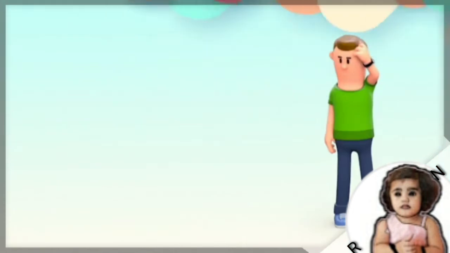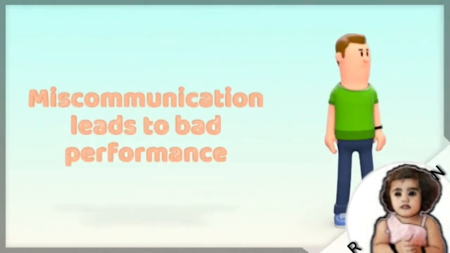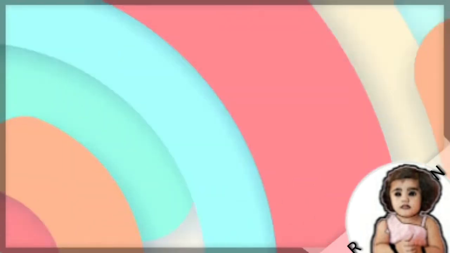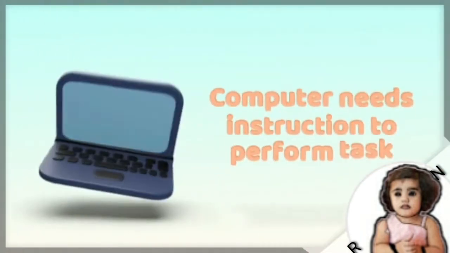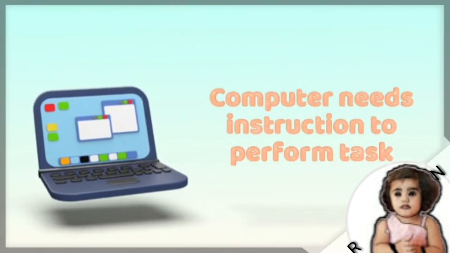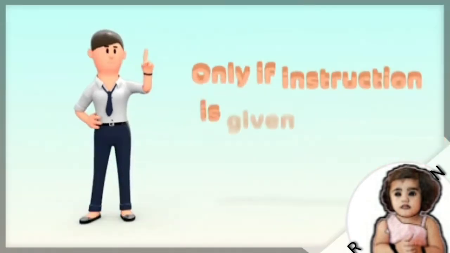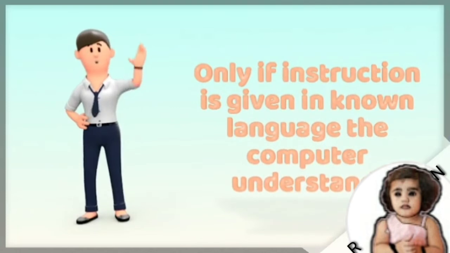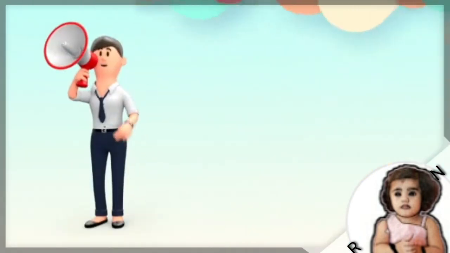No. If I speak in French, he will understand it very clearly and perfectly and can perform all the tasks or the instructions given to him. Similarly, the computer also has to be given instructions in the language which it knows, and that language is known as the programming language.